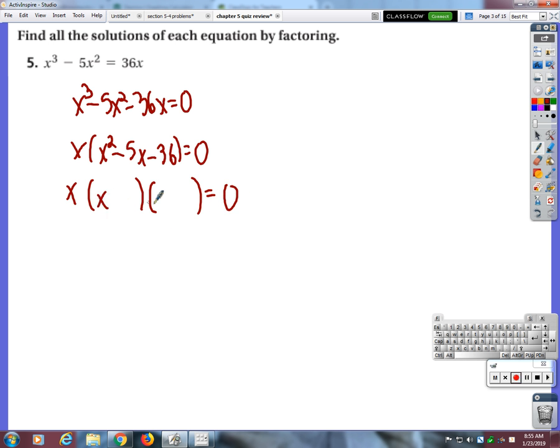Two numbers that multiply together to be negative 36 and add to be negative 5. 9 and 4. So my three answers are 0, 9, and negative 4. Okay? That was quick work on the part of Kate and Eli. The rest of you have any questions about what happened there?